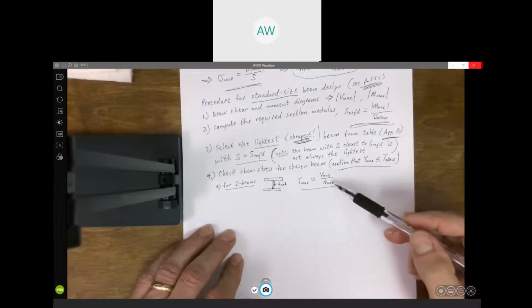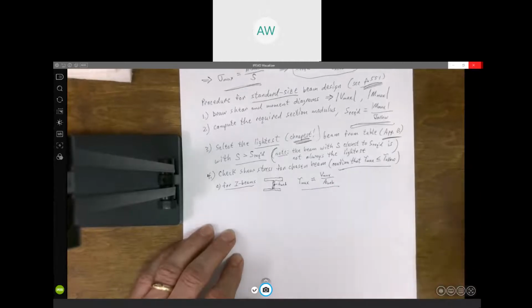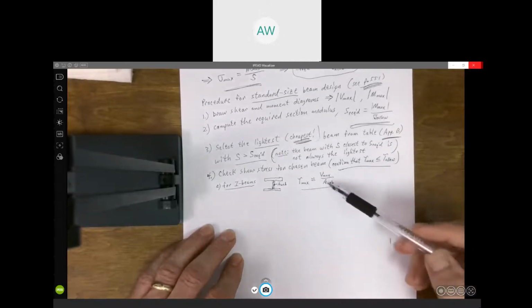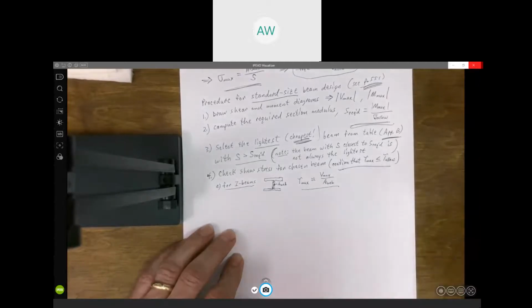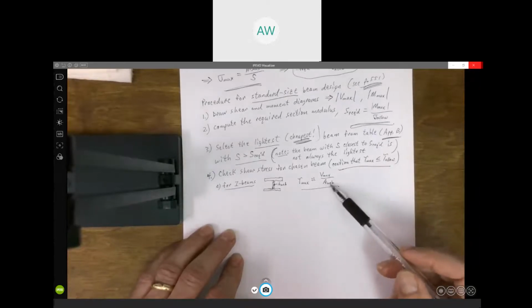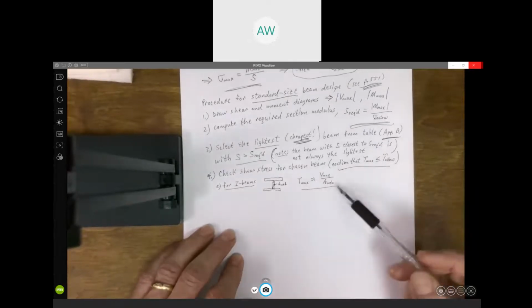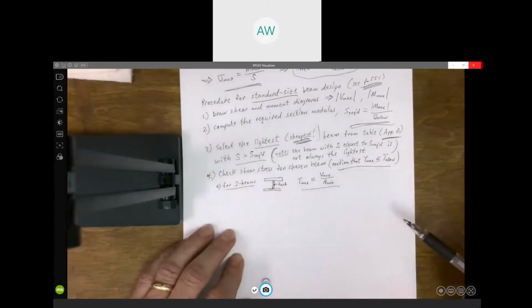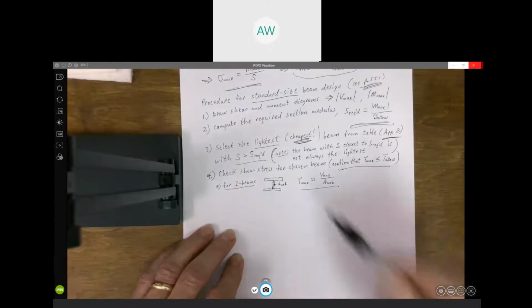This basically gives you a conservative approximation. So it's going to give you a shear stress that's just slightly larger than what the actual is. So if I use this and it's less than the allowable, then I know the maximum's less than allowable and we're good. Okay. So you can use that here.